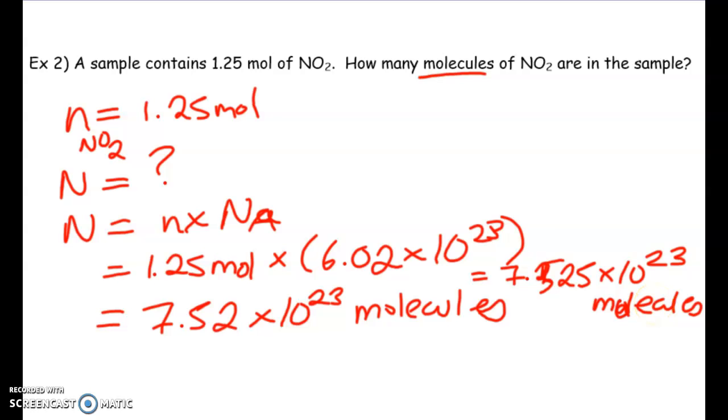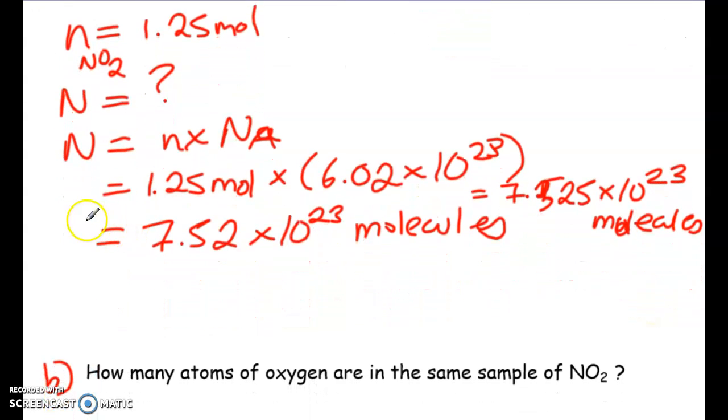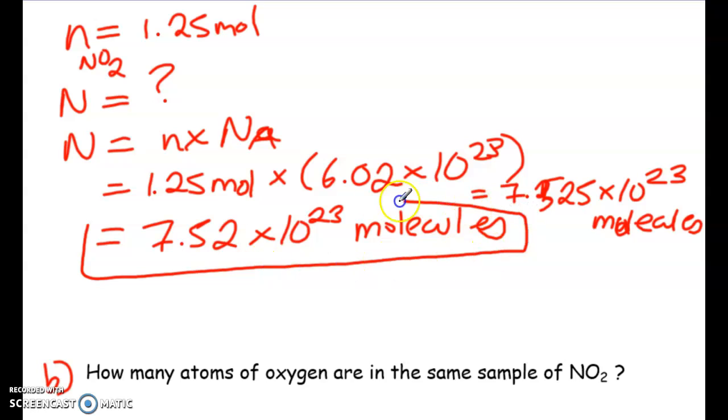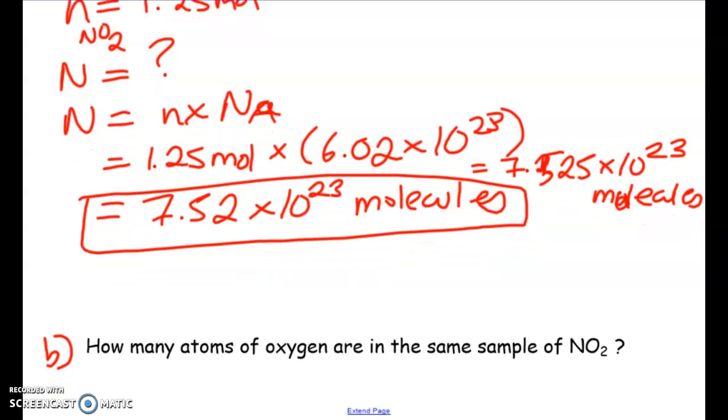Okay, so the reason why is because for part B, this is our significant digit answer, right? Part B is how many atoms of oxygen are in the same sample of NO2. So this value here is for NO2 total, like the molecule.